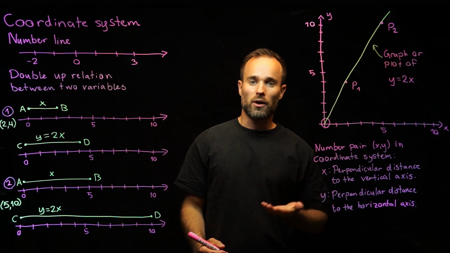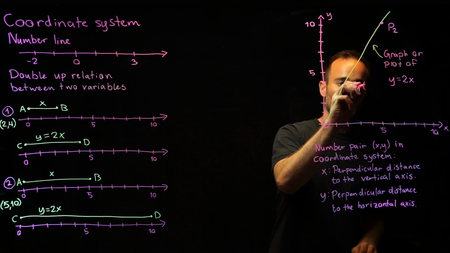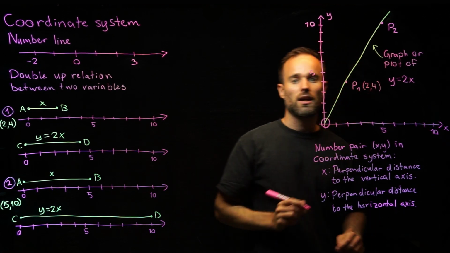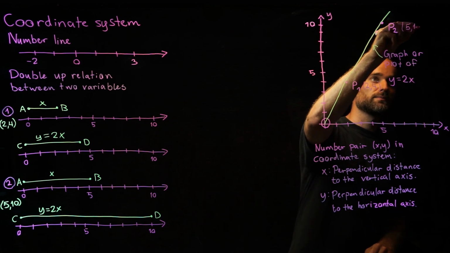The point P1 is the graph of the number pair (2, 4), and the point P2 of (5, 10).